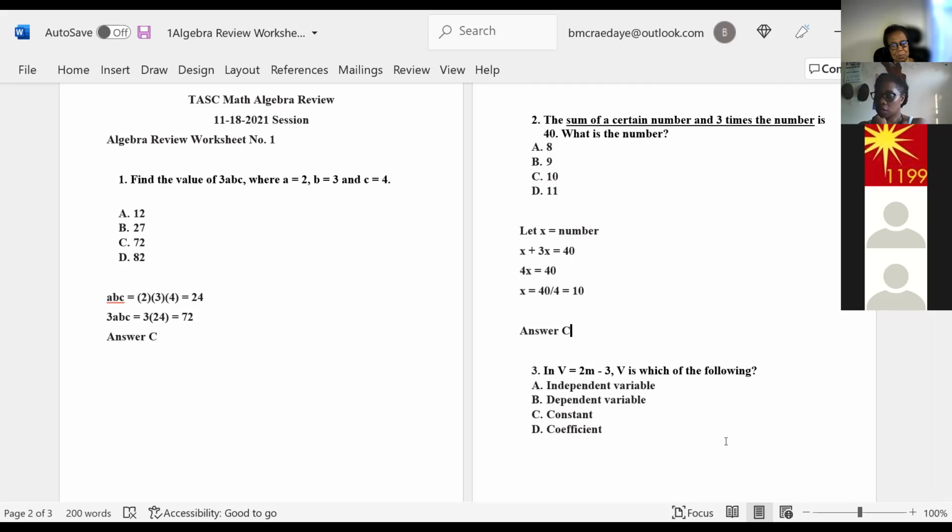V is dependent on M, or V depending on M. So V then is the dependent variable.